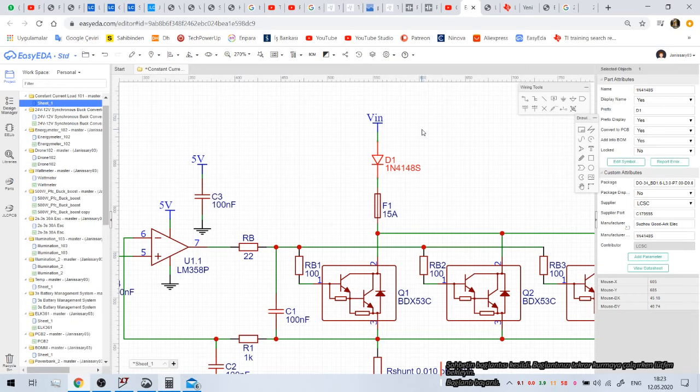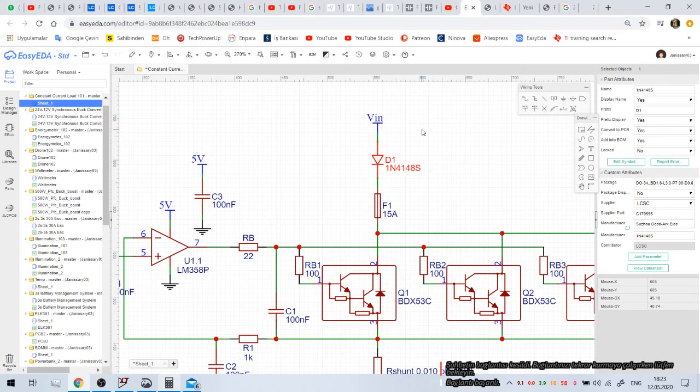So we can add some MOSFET here. Yes, we can add. But also this reverse protection. Yes, I have seen some designs for reverse protection with MOSFET. Maybe we can use it.